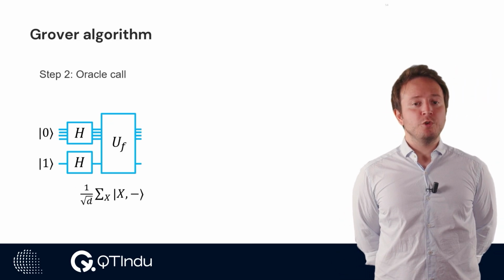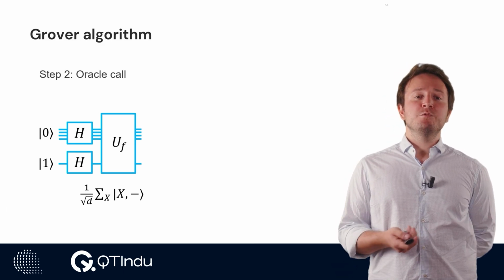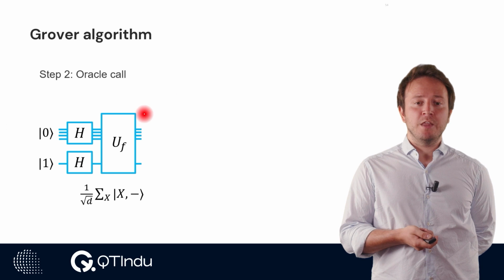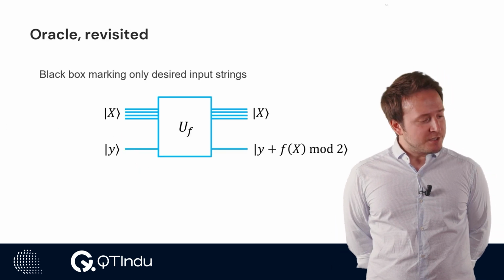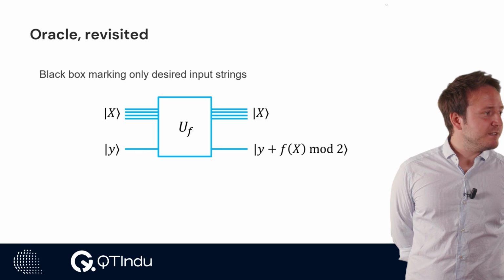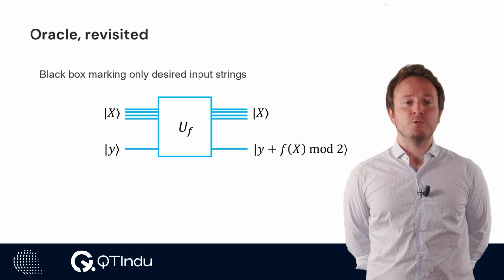The next step is also a common one, and we have also seen what happens. What we need to do here is to call an oracle. Now, just to be more clear and to understand why this is related to a quantum search, let us revisit the concept of oracle.